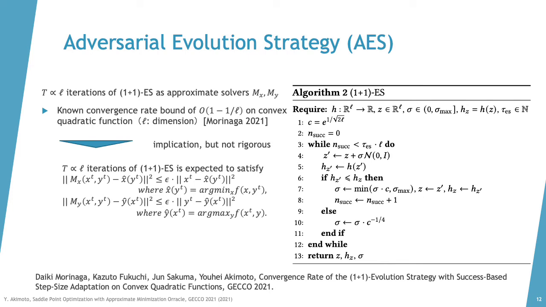For each server call, we run the 1+1 ES for iterations roughly proportional to the search space dimension. In this way, based on the theoretical analysis of the 1+1 ES on convex quadratic functions, we expect that the sufficient improvement condition posed in the linear convergence theorem is approximately satisfied with some epsilon. We call the proposed approach using the 1+1 ES Adversarial Evolution Strategy, AES in short.